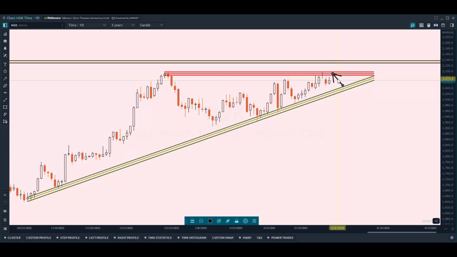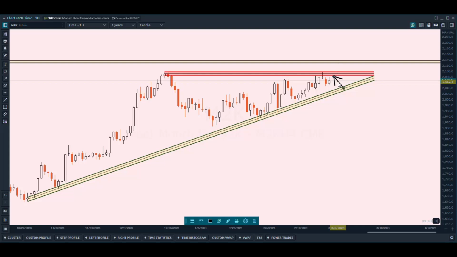And so one way that traders will do this is they're simply buying the breakout. Other traders will wait for a breakout and then actually pull back to retest this particular zone, and then that will give them a better risk to reward ratio where they would stop out at the bottom of this zone. So it's really up to the individual trader. There's no really right or wrong way to do this. It's whatever works for your style.